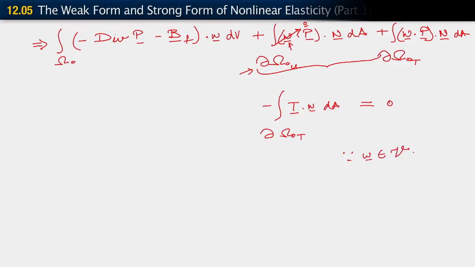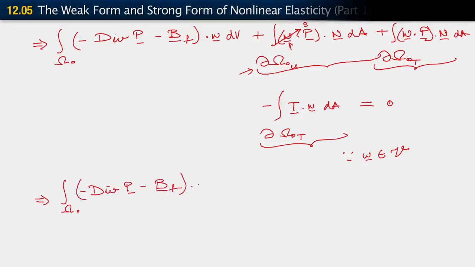The other thing we're going to do is to club these two integrals together. So we get the integral over omega naught of minus divergence P minus BF dotted with W dV, plus the integral now only over the traction boundary.